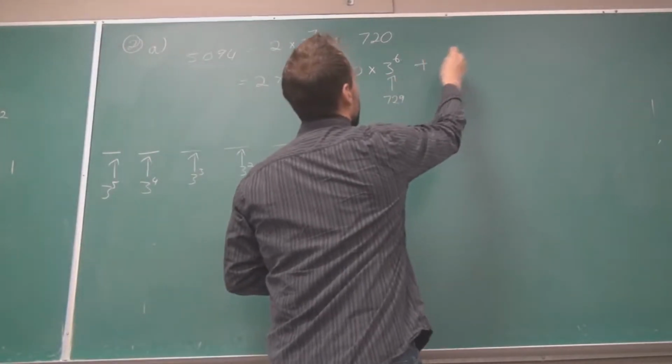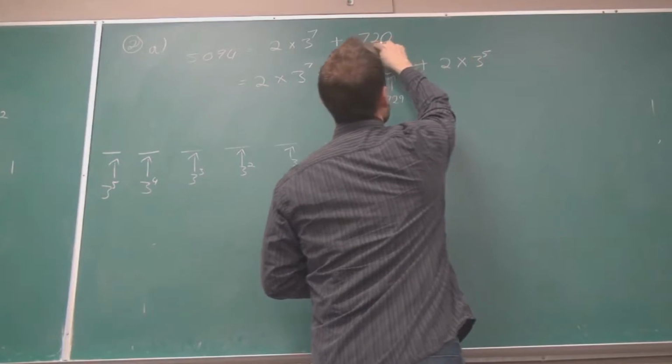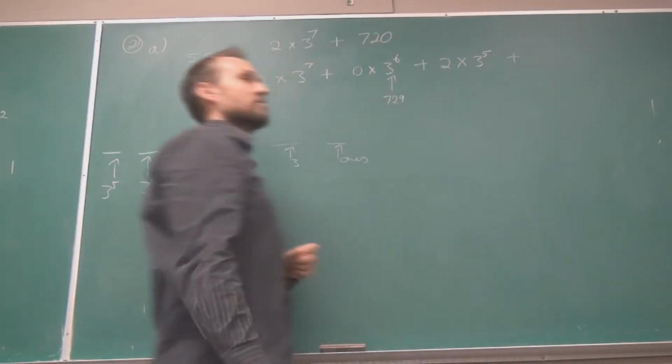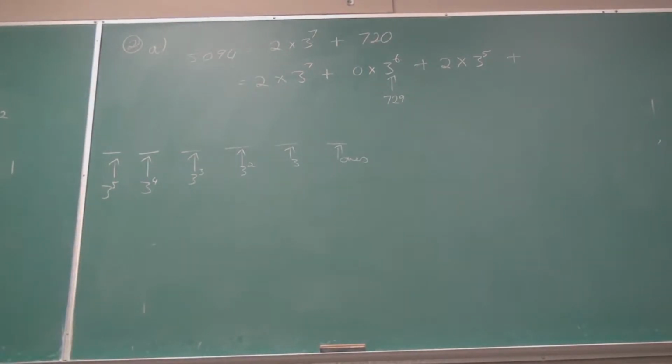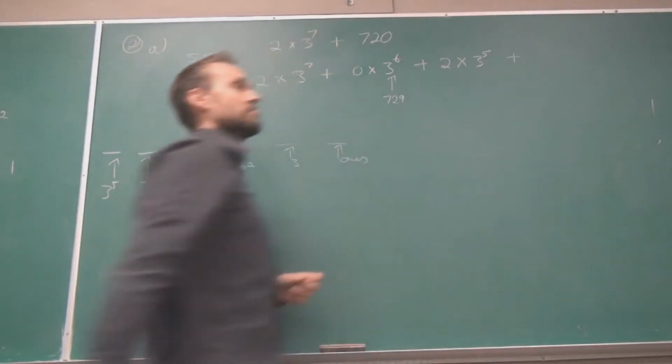Now, I fit in 2 groups of 3 to the 5 into 720. How much do I have left over? Wait, what you said correct? Probably not. So from 720, take away 2 groups of 3 to the 5.